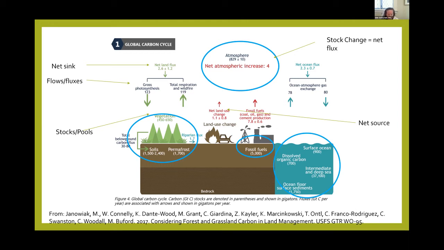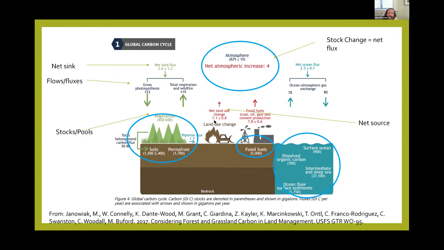So this is how this goes on an annual basis. There are a couple key pieces of information and words that you might want to pick out of this. A pool is where things are stored, also known as a stock. The fluxes or flows are the exchanges in between the two.